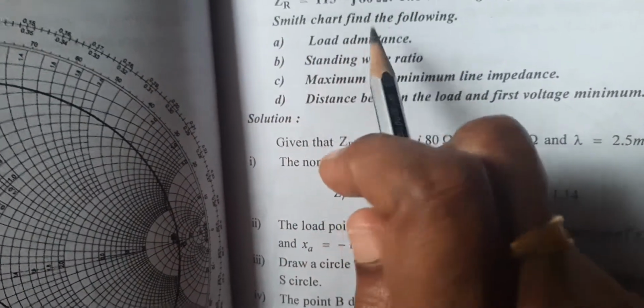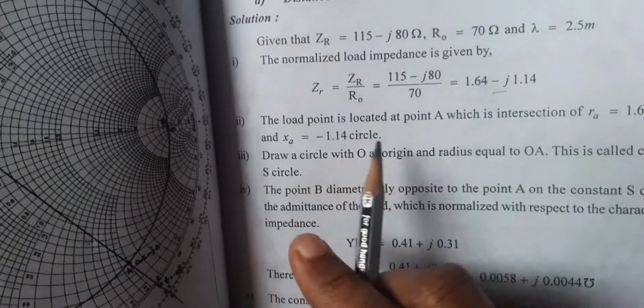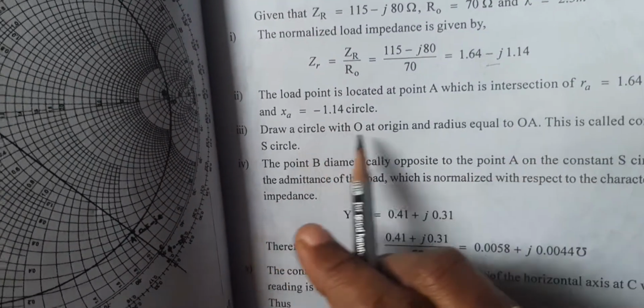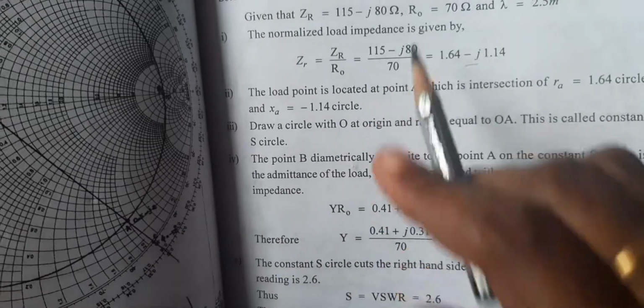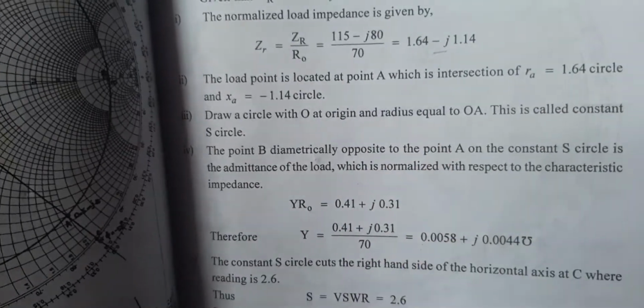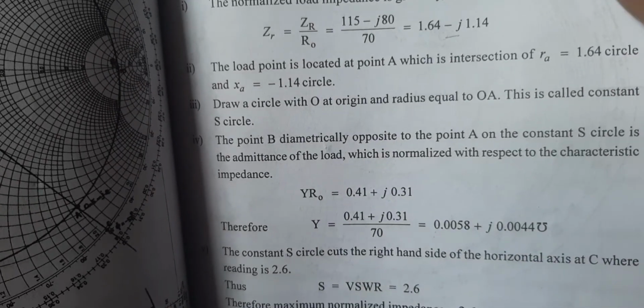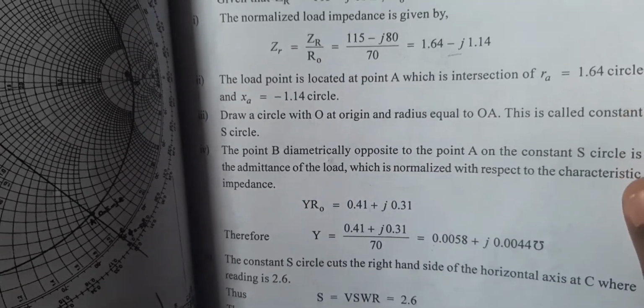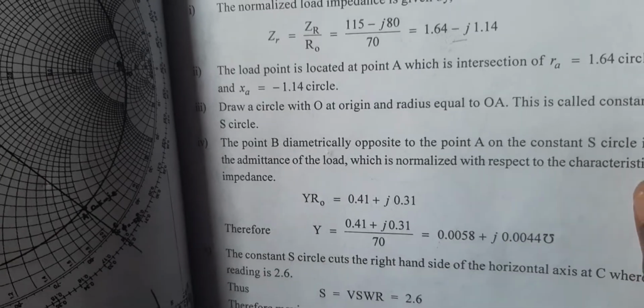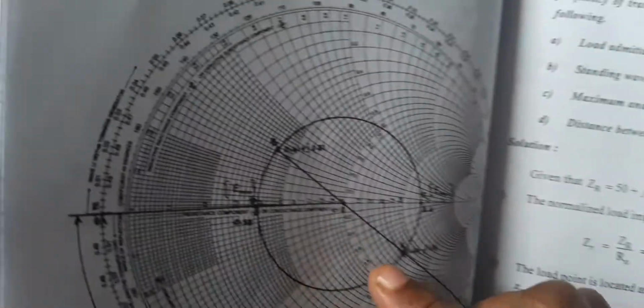And what they asked was to find the load admittance. Okay, so now we have found the normalized load impedance and marked it in the Smith chart. Next you want to find the admittance. You know, admittance is the inverse of impedance. Correct? Okay, so how will you mark it in the Smith chart?